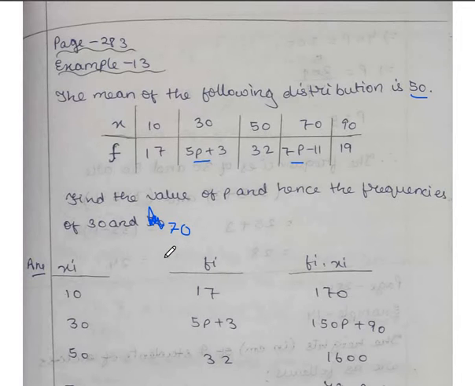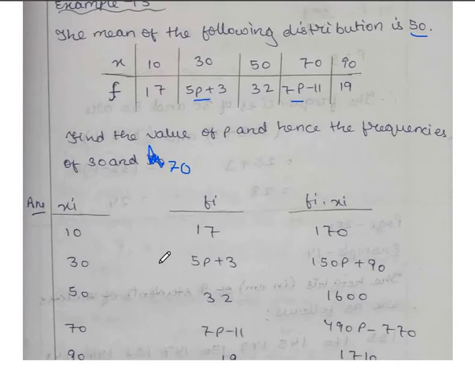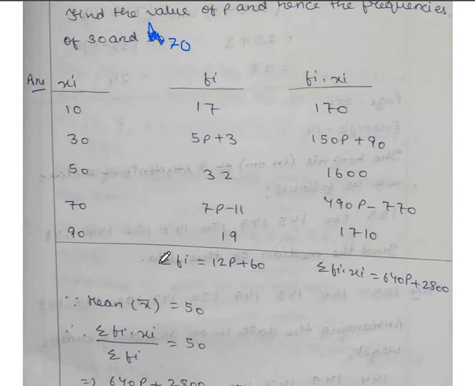Now to solve this, you can write xi, fi and fi xi, since frequency is available. Xi is given as 10, 30, 50, 70, 90. Frequency is 17, 5p plus 3, 32, 7p minus 11 and 19. Multiply fi and xi to get the product. 17 tens are 170. 30 into both you can multiply, it is 150p plus 90.